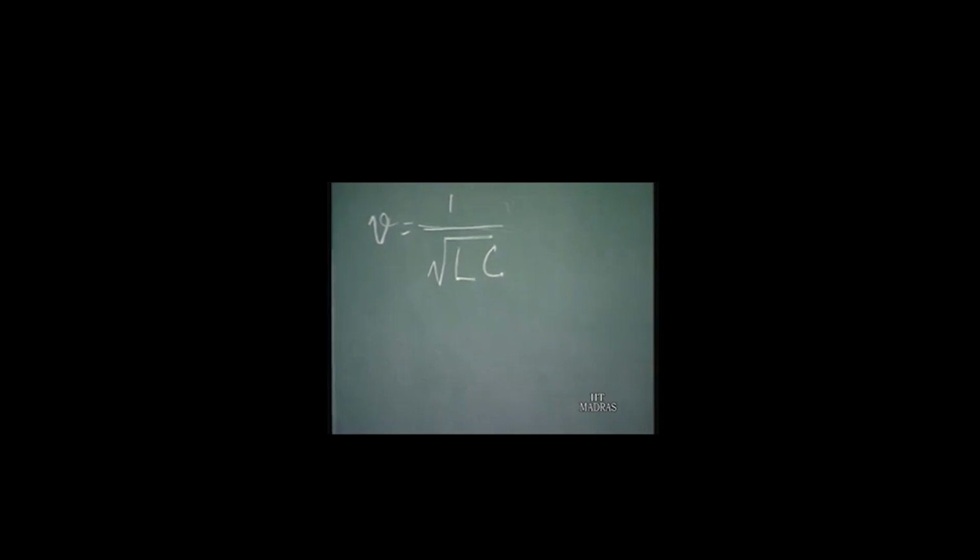So that is the velocity with which this waveform will move along this line. Now what is the delay of this line? Delay of the line is l by v, so this will be l into root of LC.